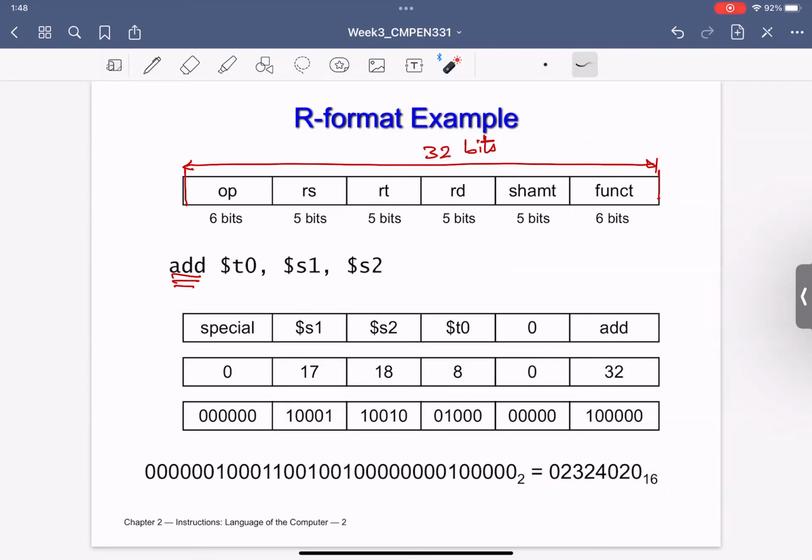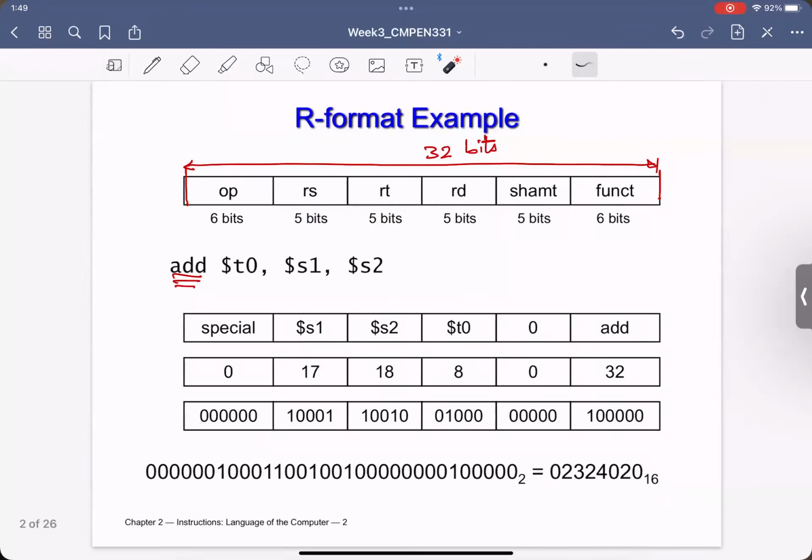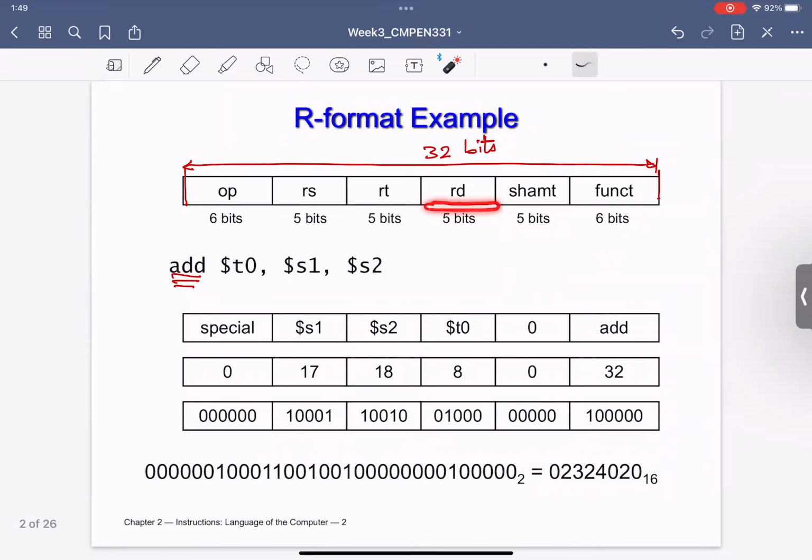That's why we have something called RS, which refers to the first source, 5 bits; RT, which refers to the second source, again 5 bits; and RD, which refers to the destination address.